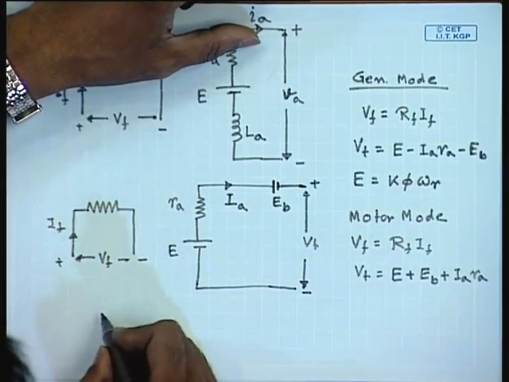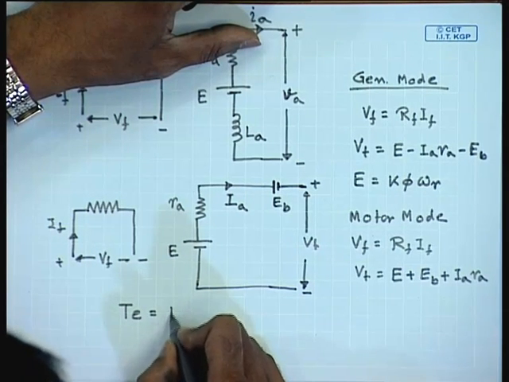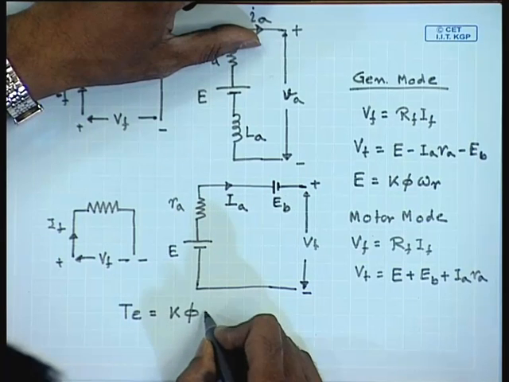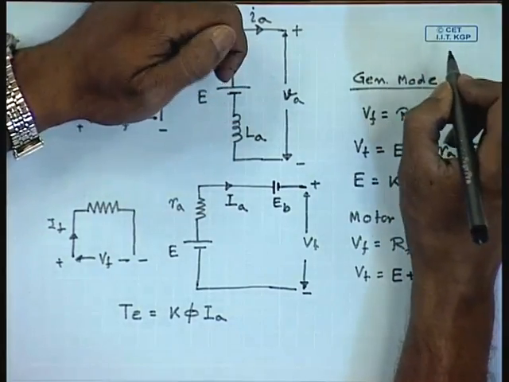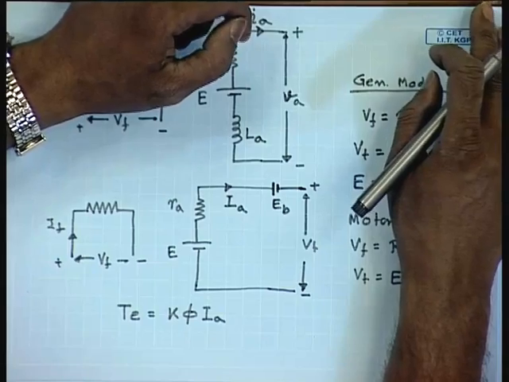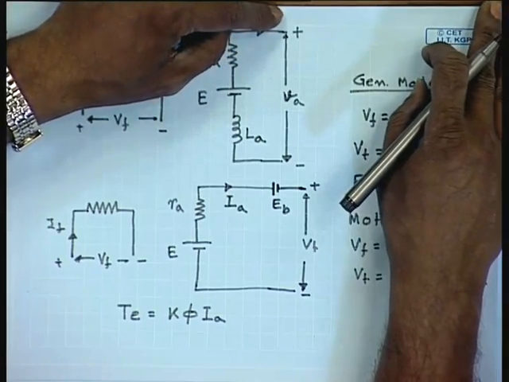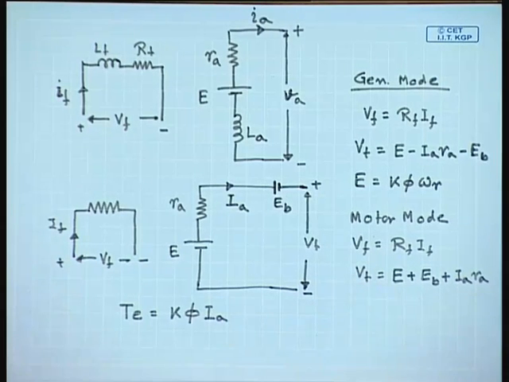The generated torque is always given by K phi Ia. In the motoring mode, the torque assists the motion, that is it rotates the machine. In the generating mode, it opposes motion. So, these are the basic steady state equations of a DC machine, and depending on whether it is operating as a motor or generator, we will take the appropriate set of equations.